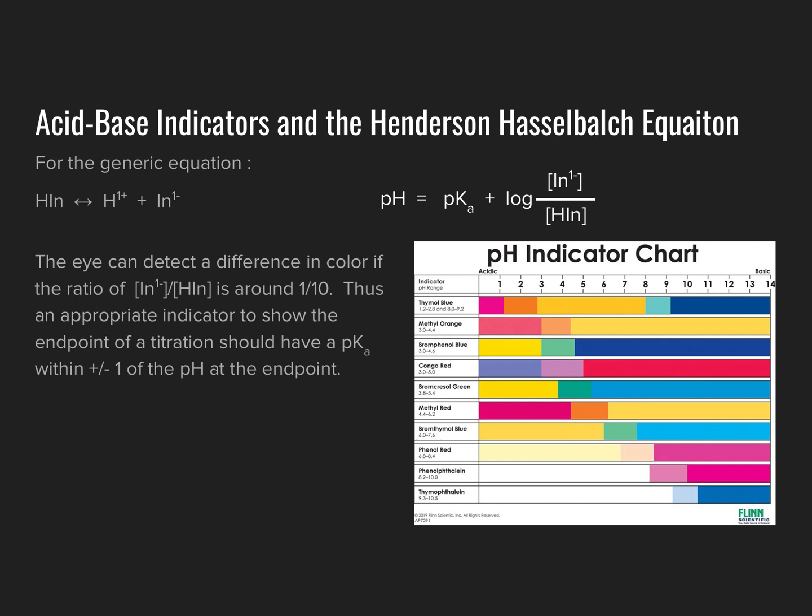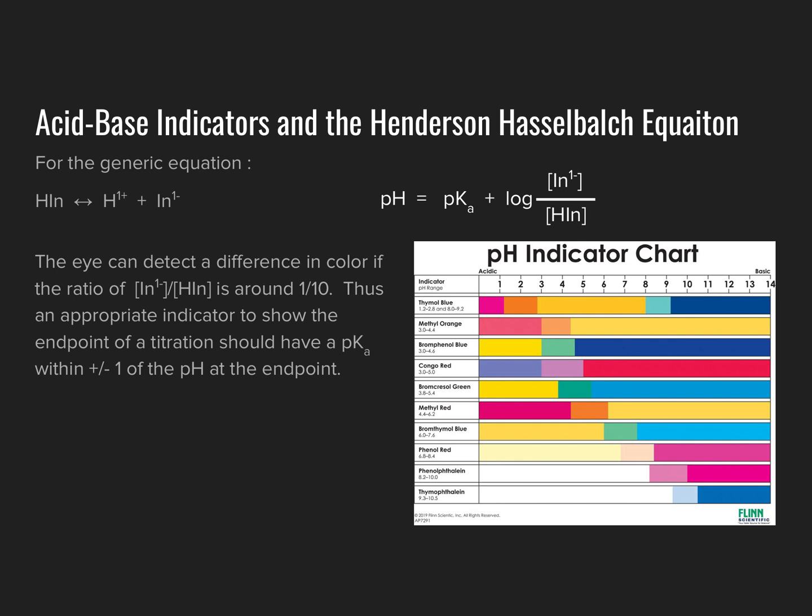And as we saw on our previous slide, the relationship between the relative concentrations of the conjugate base In negative and the molecular acid HIn is essentially a function of both the pH of the solution as well as the pKa of that indicator species.